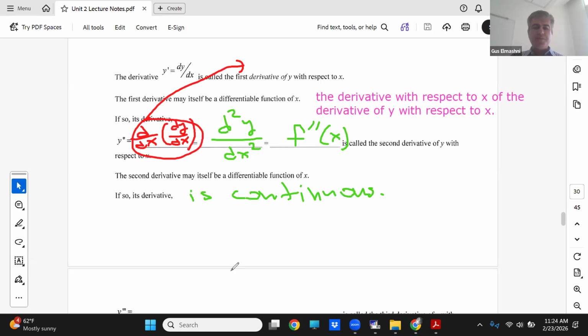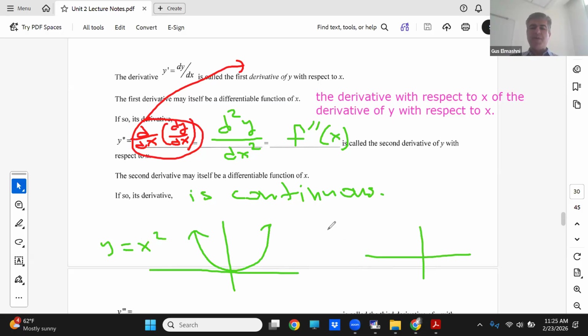So for example, give me an equation for this guy. y equals x squared. Okay, give me its first derivative. 2x, which looks like this. Now, is that derivative graph 2x continuous? Sure. So give me a second derivative. 2.